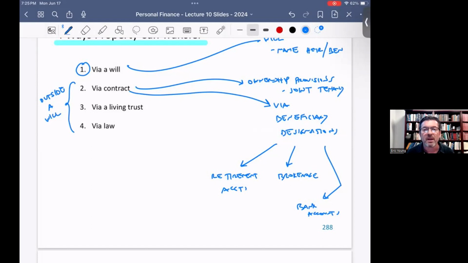When you set up a beneficiary designation, the moment that you die, the property, the account, is transferred to your beneficiaries immediately as established in your designation. Since it's transferred via contract, via designation, you don't need a will to transfer it. So you can bypass a will by transferring property via beneficiaries.